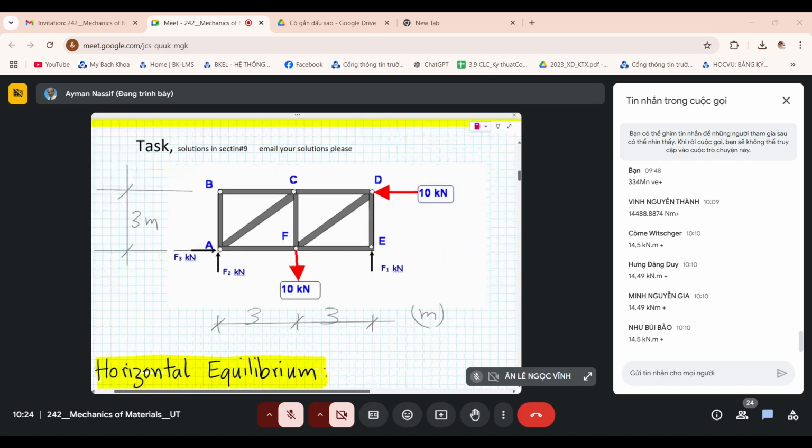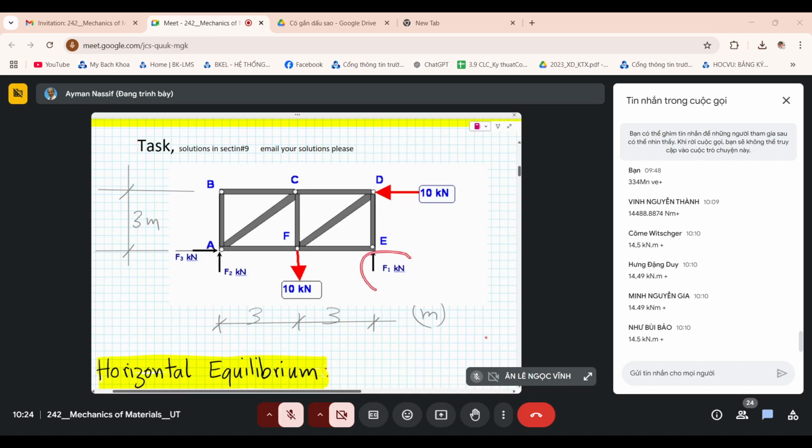So here, there is a force F1, and F2 and F3 are not known, and you have this rigid body, solid body, it can be anything. In fact, it can be just forces in one plane.